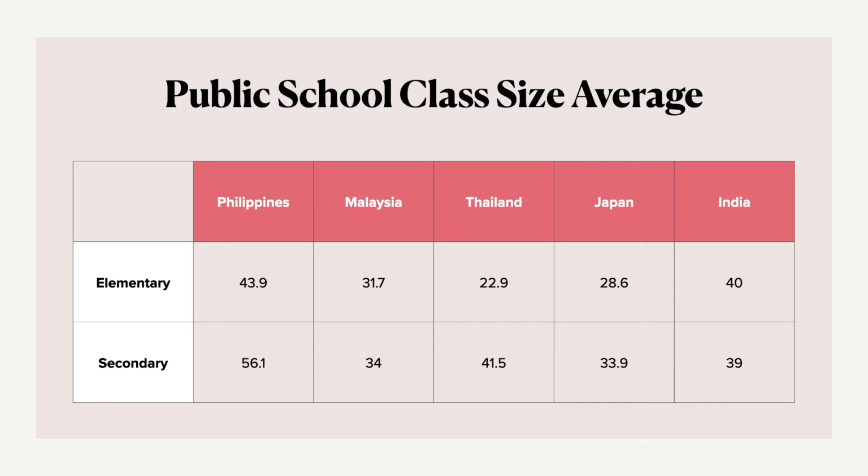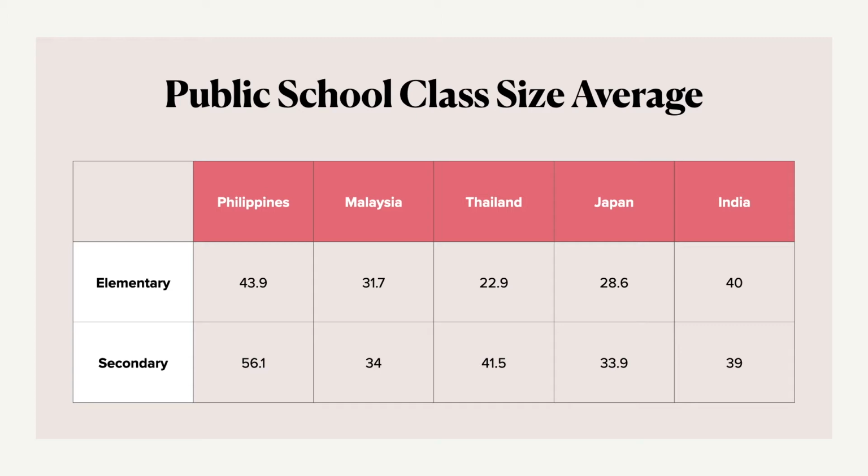As stated in the mandate introduced by Senator Miriam Defensor Santiago during the 16th Congress of the Philippines in 2013, data from the United Nations Educational, Scientific, and Cultural Organization reported that classrooms in the Philippines are the most crowded in Asia.